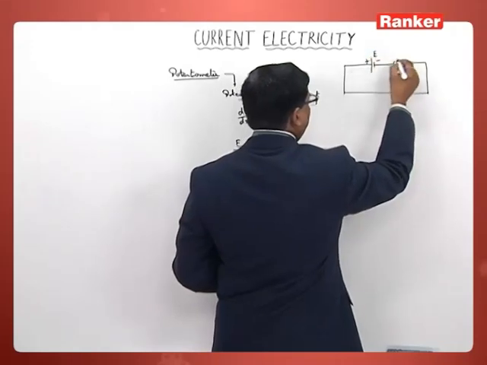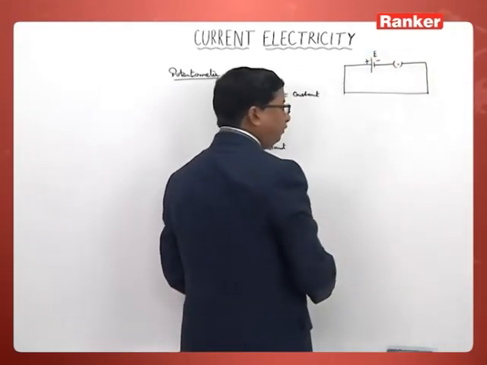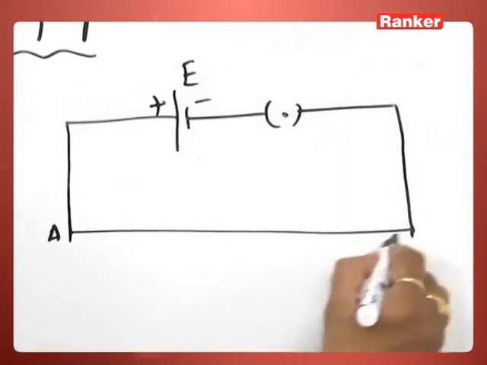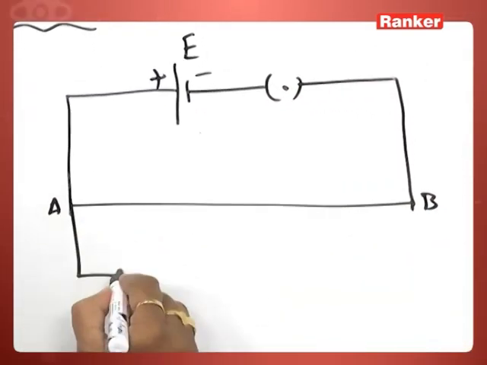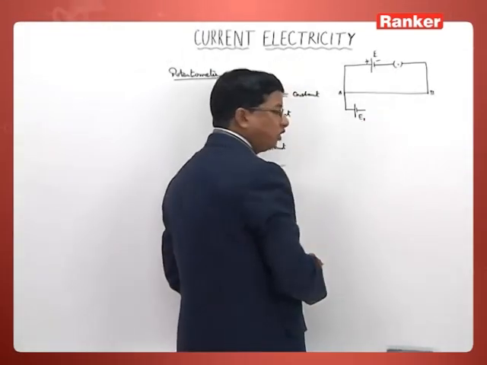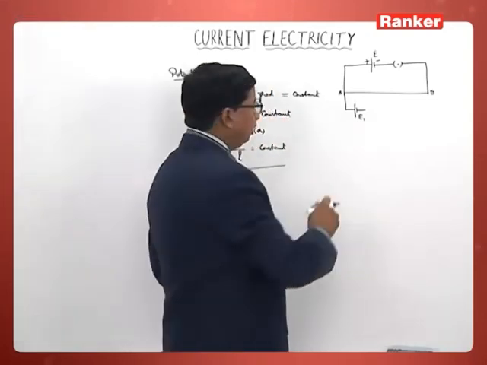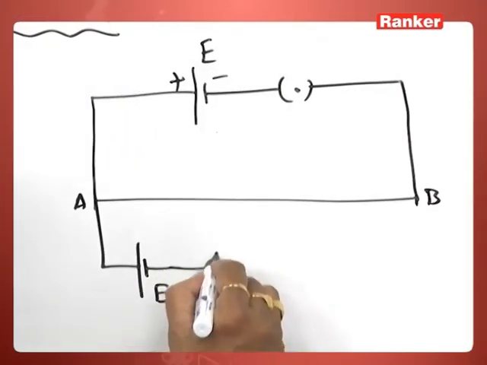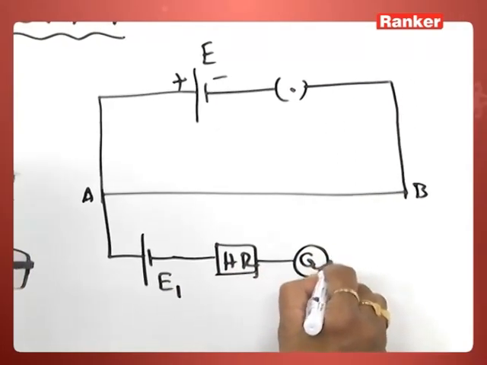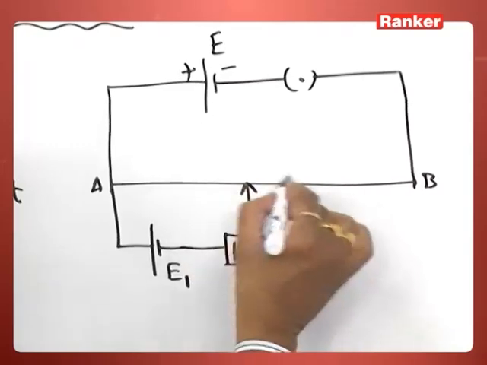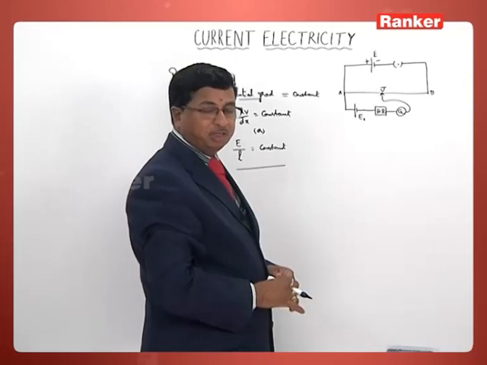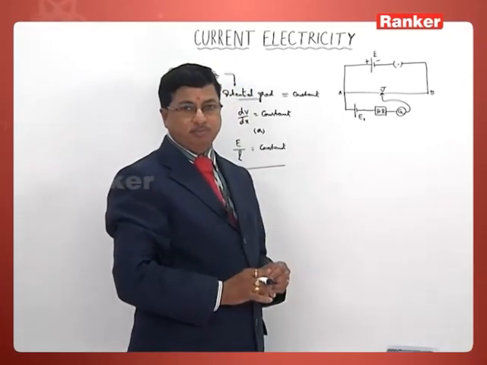This primary circuit is going to have a cell of greater EMF, and the secondary circuit, whatever we are finding here, that now will have a cell of EMF E1, which is to be determined there, and that is connected to a high resistance, then to a galvanometer, and that galvanometer is directly connected to the potentiometer wire. It can in fact slide over by means of a jockey.